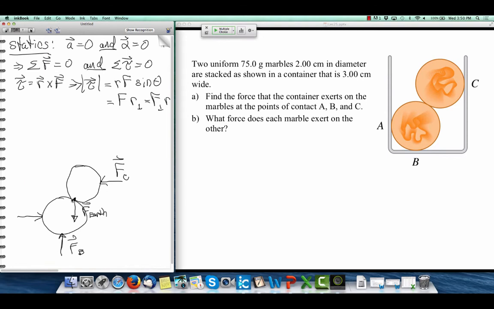If they're different systems, then I have that upper one pushing on that one, and Earth pulling down, and that to the right. So then I have FA still there, same FA, same FB, different force by the Earth because I've only got half the marble.